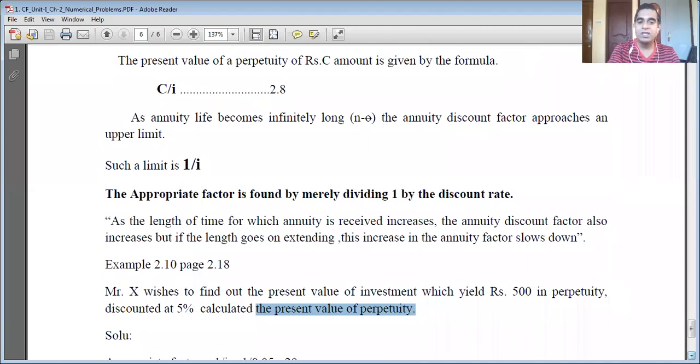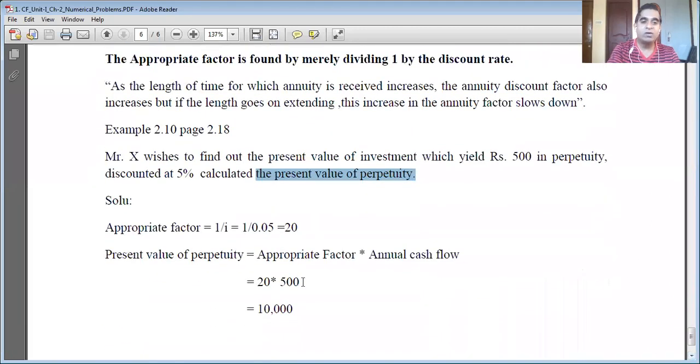How are we going to find out? First we need to find out the appropriate factor. The appropriate factor can be found simply by dividing 1 by the discount rate. The discount rate is 5%, so how can you write this? 5% is nothing but 5 divided by 100, so the answer will be 0.05.